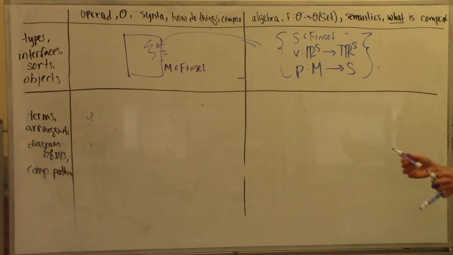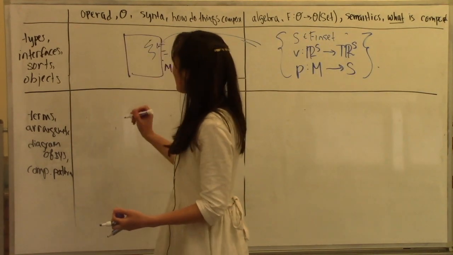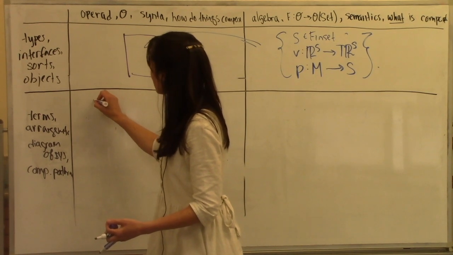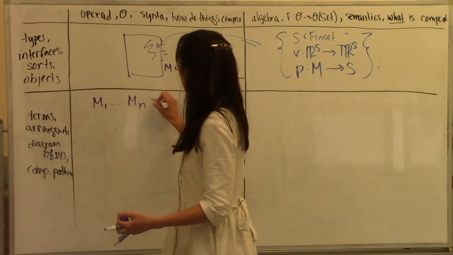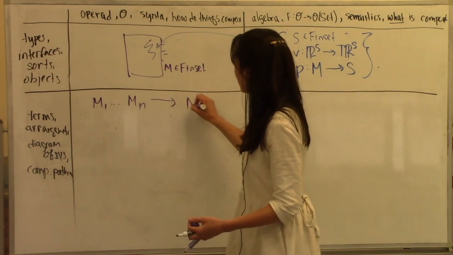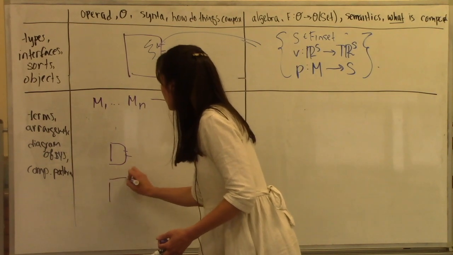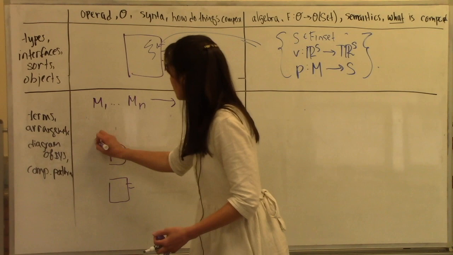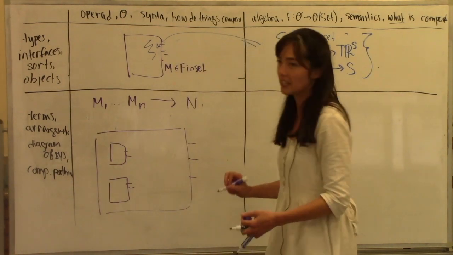And so then what about how they interact, which is perhaps why we're here. Here we need to tell you, given systems of type M1 through Mn, how can I give you a system of type n? My picture is if I have interfaces like this, my M1, my M2, and I want to turn it into a big system of type 3.